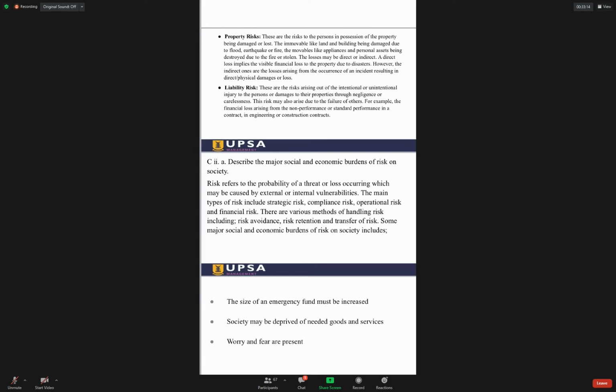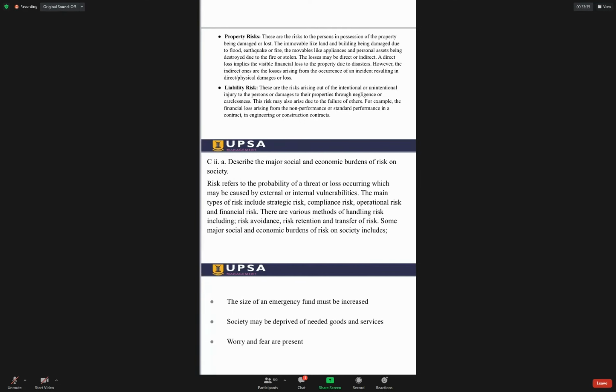The person who is supposed to arrange the scaffolds doesn't do their job well, and we end up having the workers falling off. I'm sure most of us have heard stories whereby people were working on buildings and they fell, or sometimes the concrete was not well arranged and the building collapsed. So this is a liability risk.